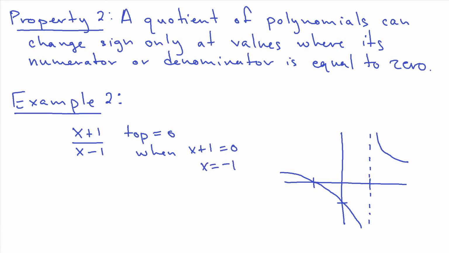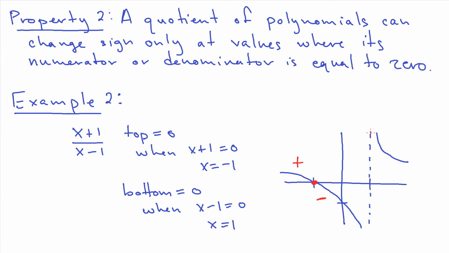And if we look at the picture, yep, our graph goes from positive to negative. And if we look at where the bottom is equal to 0, this happens when x minus 1 is equal to 0, so when x is equal to 1, and that's what we have over here on our graph.